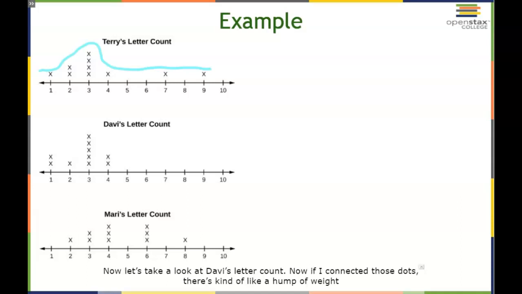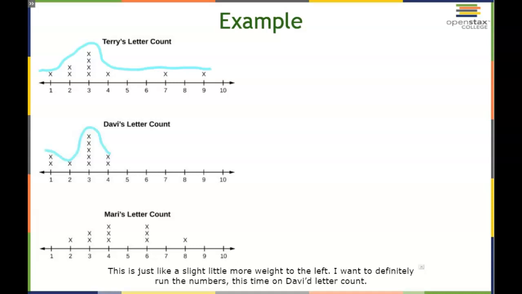Now let's look at Davey's letter count. If I connect those dots, there's kind of a hump of weight further down at 1. I'm leaning towards left, but this one's harder to tell, because there's just a slight little more weight to the left. I'll have to definitely run the numbers this time. Now, Mary's letter count.